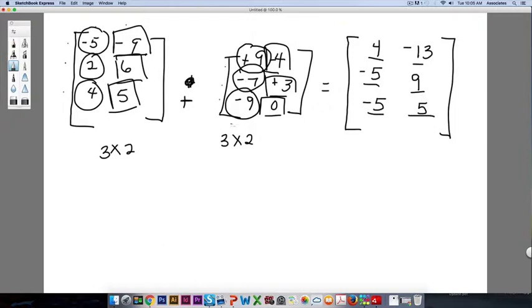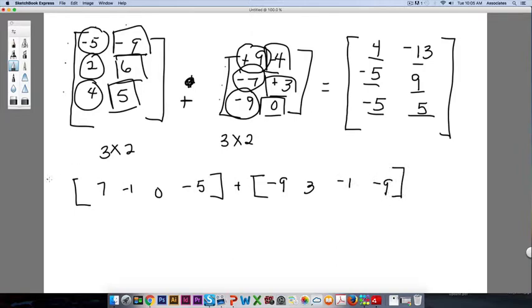Now let's look at the next problem. The next problem is a strange looking matrix. It's 7, -1, 0, -5, and I want to add to that the matrix -9, 3, -1, -9. All right, so this has 1 row and 4 columns. So this guy's a 1 by 4.